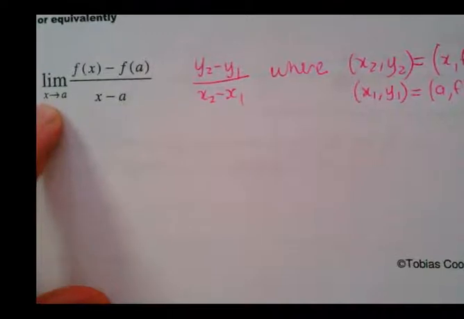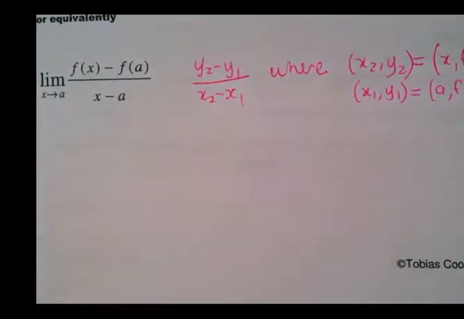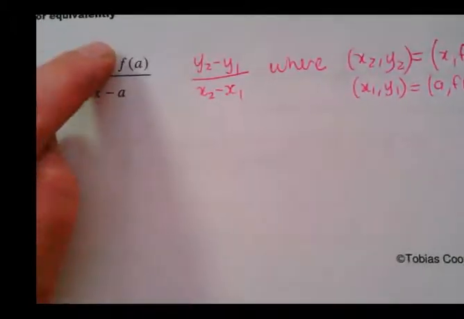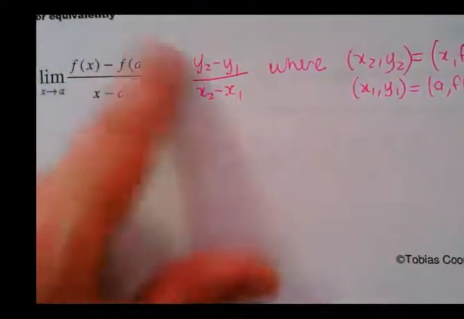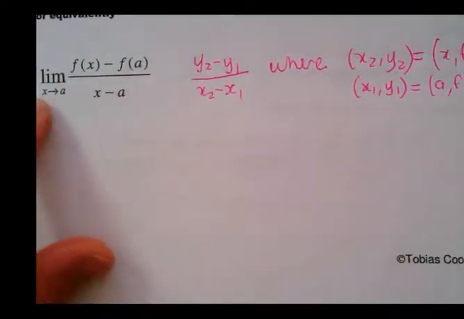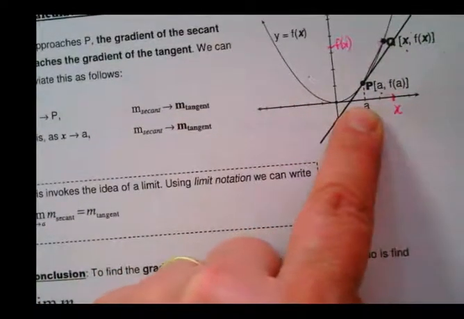So that's why it's a limit. So the gradient of the tangent is the limit as x approaches A of function of x minus function of A over x minus A, which happens just to be the gradient of the secant. And we're just looking as this x gets closer and closer to A.